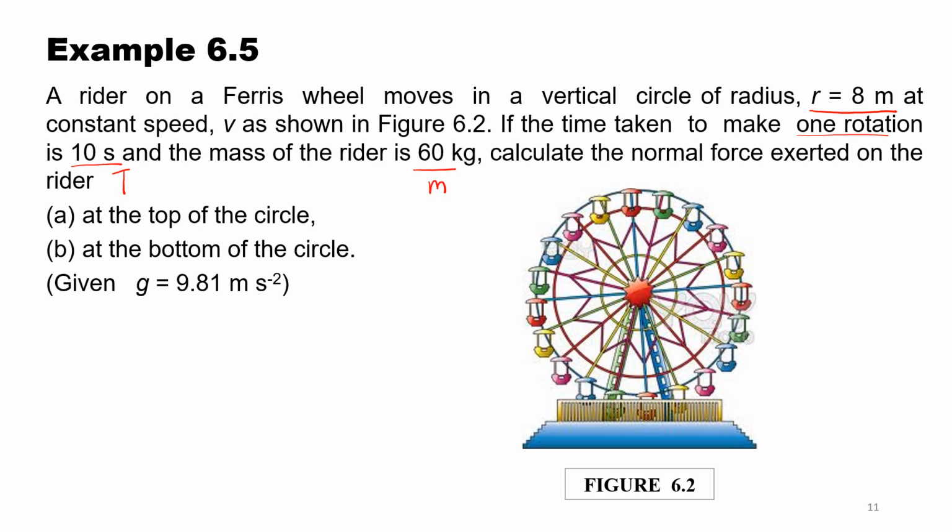The question asks to calculate the normal force exerted on the rider, A at the top of the circle, B at the bottom of the circle. Given the value of g is 9.81 meters per second squared.